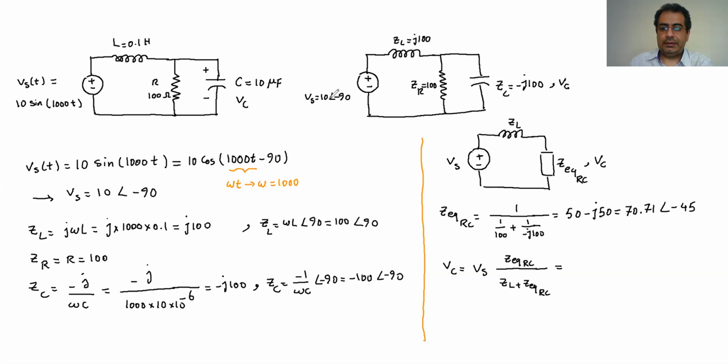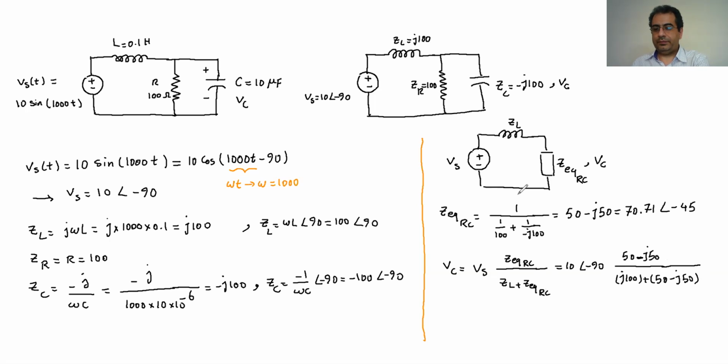It is 10 with angle negative 90, and the ZEQ for the RC here is 50 negative J50. And then down here, again, we have the ZL, which is J100, plus the Z equivalent, which is 50 negative J50.